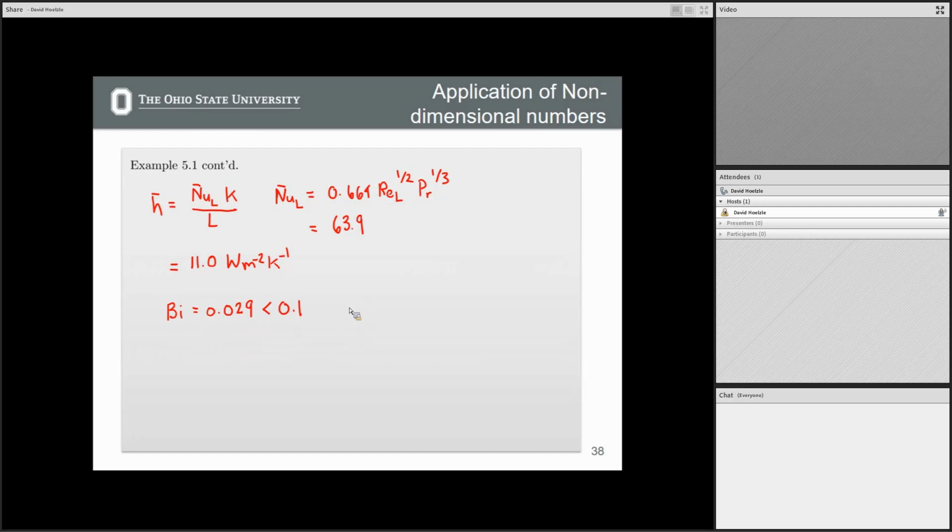Some papers will include it, but the majority of the time this is not included. And so the main message here is that convective heat transport into the chamber is not appreciable.